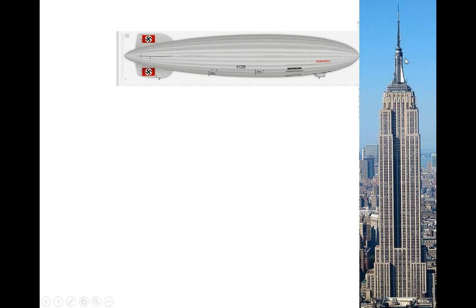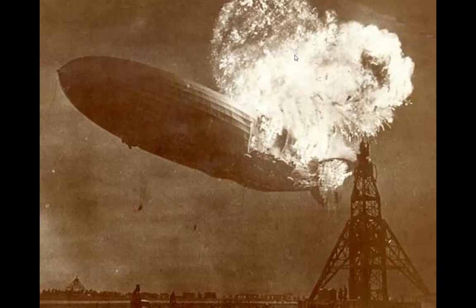Well, this, of course, had one design problem. The dirigible itself was filled with very explosive hydrogen gas. And we all know what happened to the Hindenburg. It lands in New Jersey before the Empire State Building is finished, right after a thunderstorm had gone through the area.